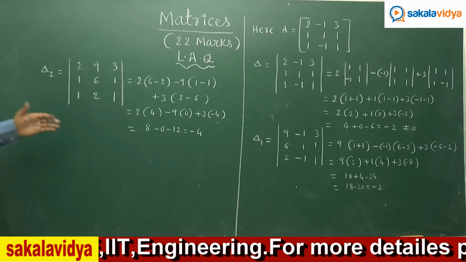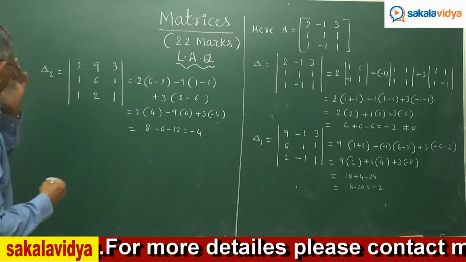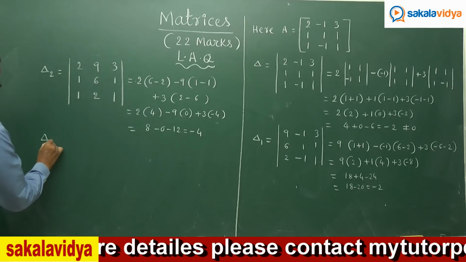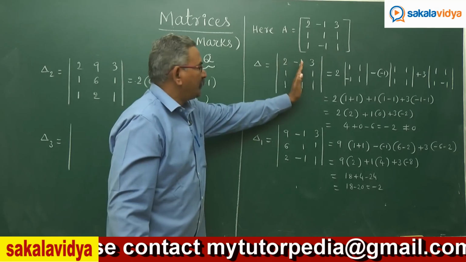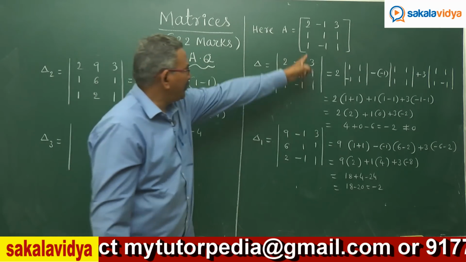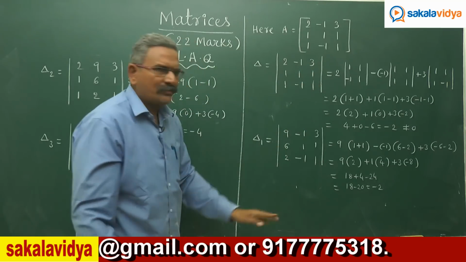Now it is time to find delta 3 so as to get the z value. Delta 3 means, as you might have expected, keeping C1 and C2 as they are, change the third column, 3, 1, 1, which is replaced by 9, 6, 2, that is all.